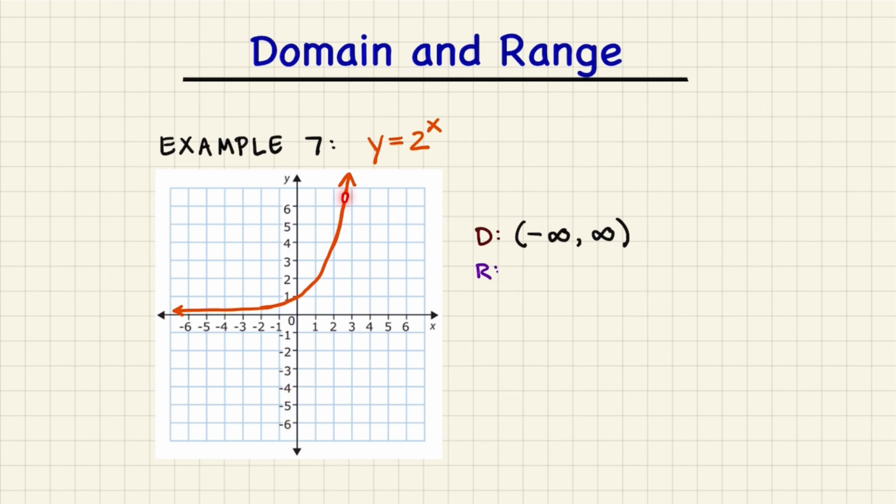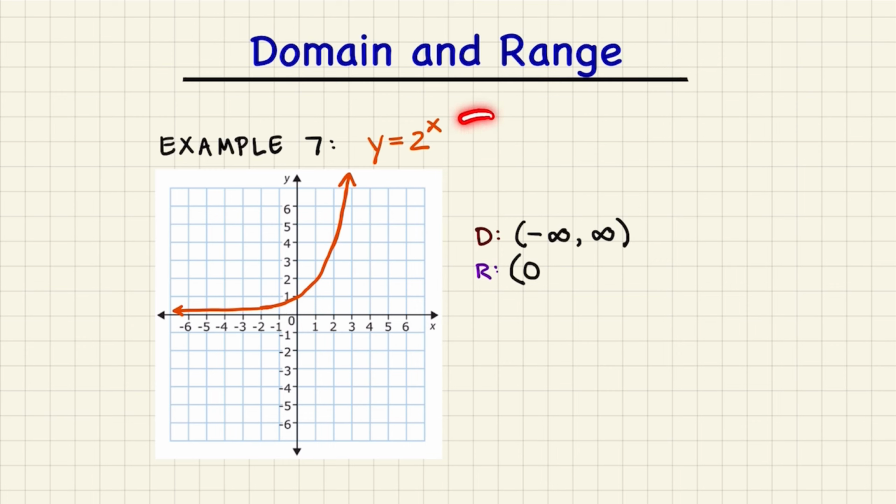And as we can see from this, but more importantly, from our equation here, this continues on, and it looks like it could continue on down to negative infinity, but this will never hit 0. It just gets closer. It will never cross 0 or hit 0. It gets closer and closer to 0, but it'll never hit 0. So our lowest value is 0, but with a parentheses because it doesn't actually ever equal 0.